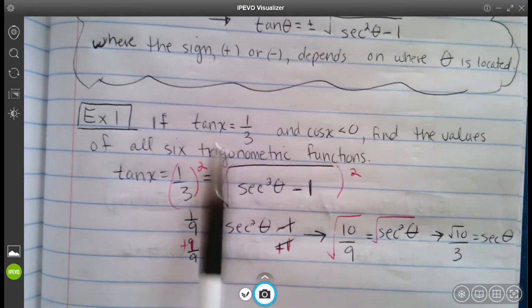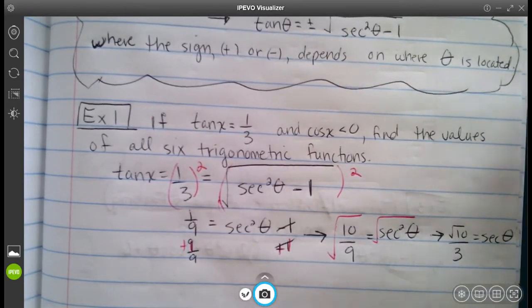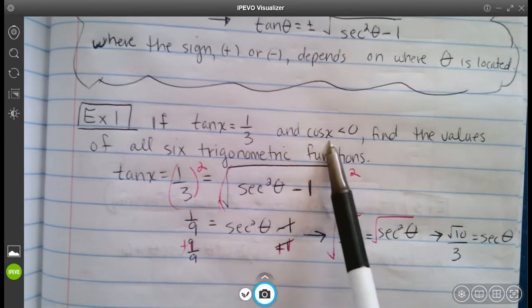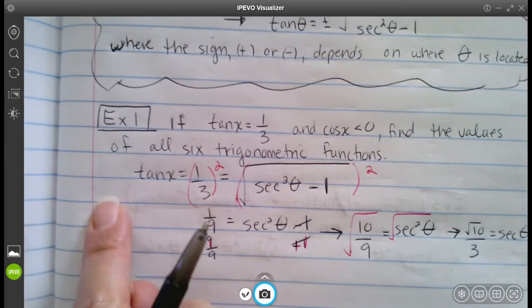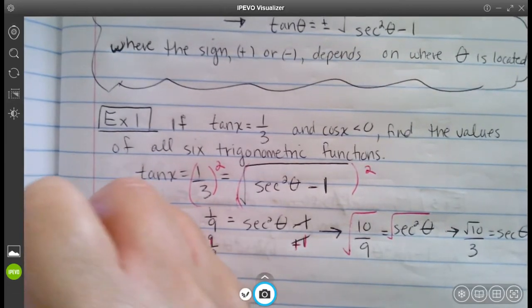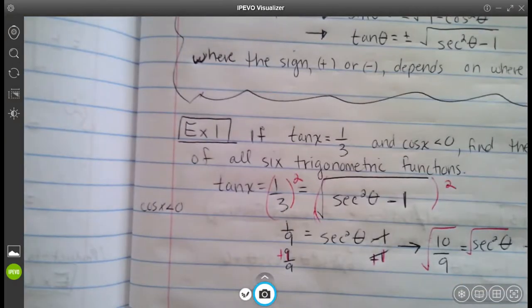For this part, I would have to go back and ask where this is going to be located. It tells us that cosine of x is less than 0. Let's do a little analysis. Cosine of x is less than 0, and in which quadrants does that happen? If you don't remember, you can look at your foldable.